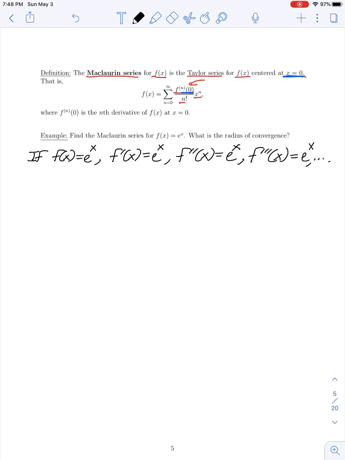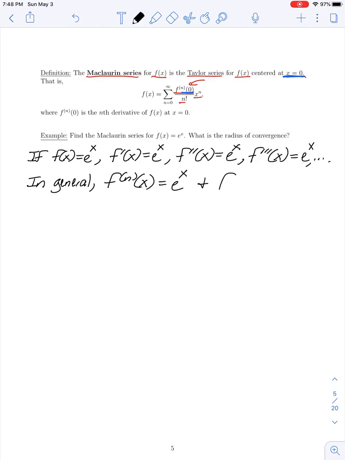In fact, every higher derivative gives the same function, e to the x. So we can say, in general, the nth derivative of the function e to the x is itself, e to the x.